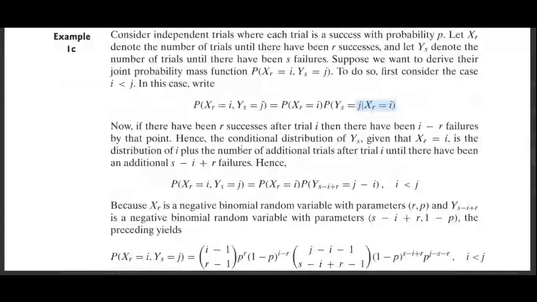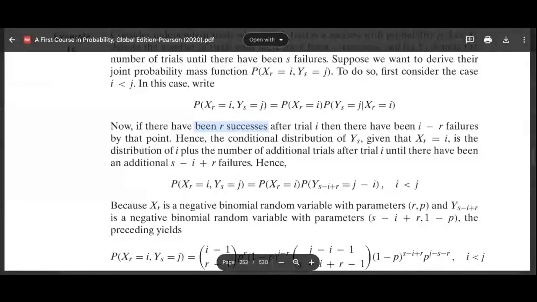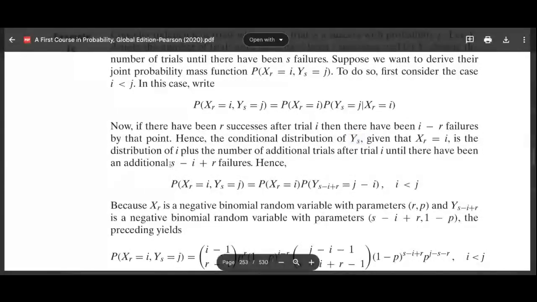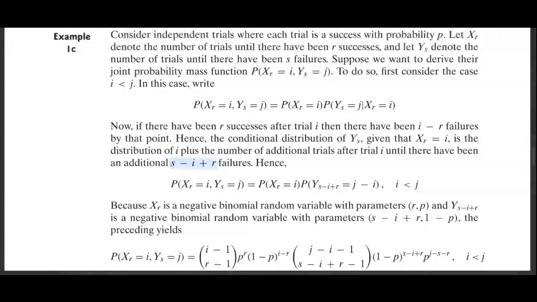If there have been r successes after trial i, then there have been i minus r failures by that point. Hence, the conditional distribution of Y_s, given that X_r equals i, is the distribution of i plus the number of additional trials after trial i until there have been an additional s minus (i minus r) failures.